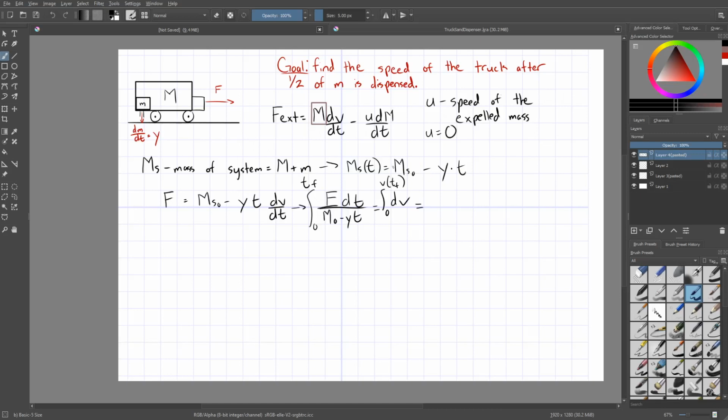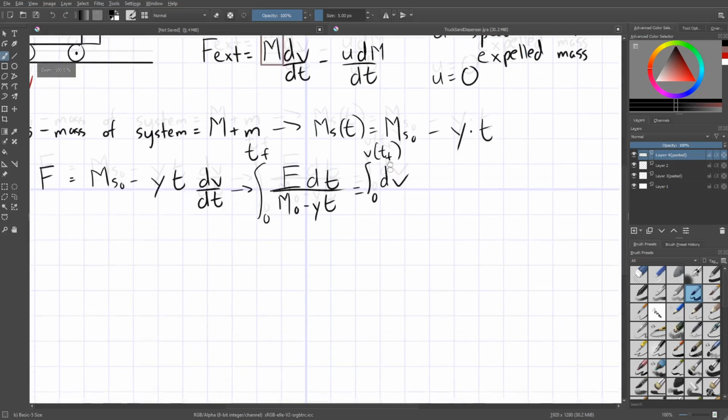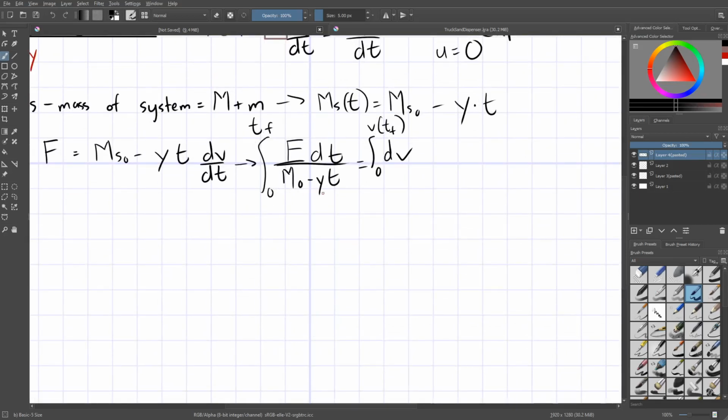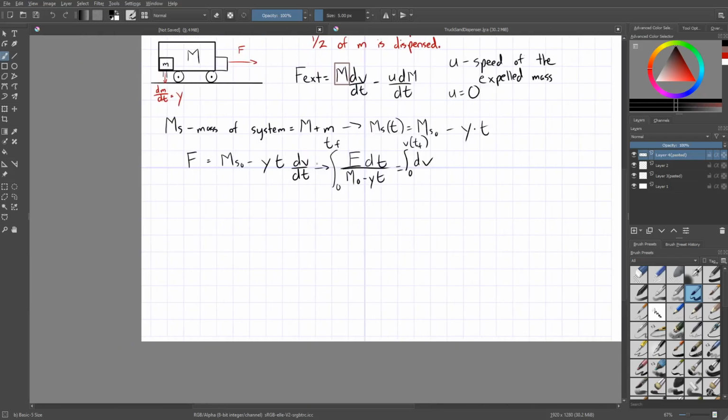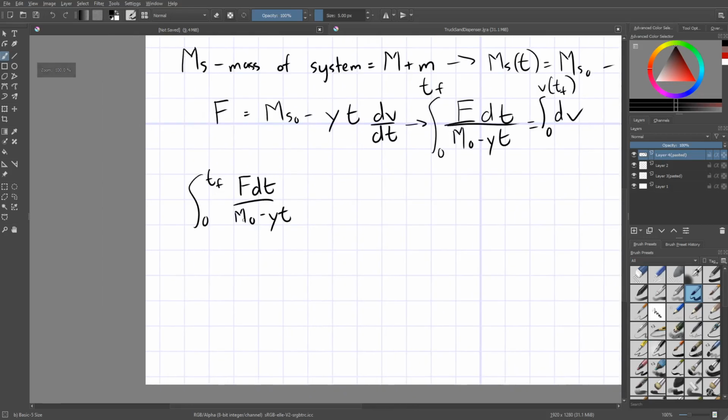Now, in order to do this, we're going to have to think about u substitution to solve this integral on the left. So that's what I'll go ahead and tackle first. Let's write out the integral. This force F, I'm going to take and put outside the integral.